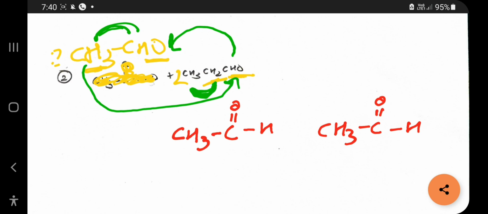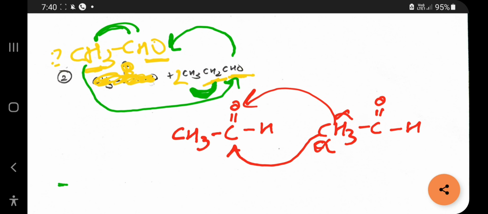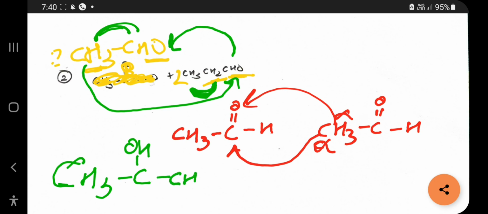So what will happen? This is the alpha carbon, alpha hydrogen. Alpha carbon will get attached here, hydrogen will get attached here. That's it. But what is the product? You will obtain CH3 COH, CH2, C double bond H.